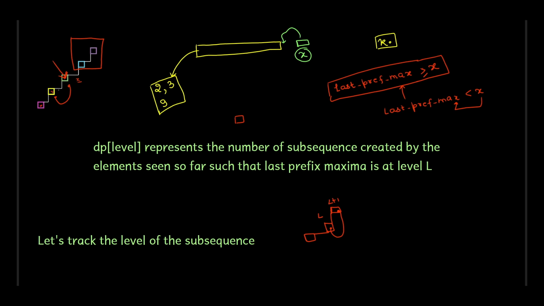So you can see whether the incoming x is equal to this blue box or this green box. If it is equal to this blue box, then you are not allowed to take it. But if it is equal to this green box, then you can take it and increase your level by 1.